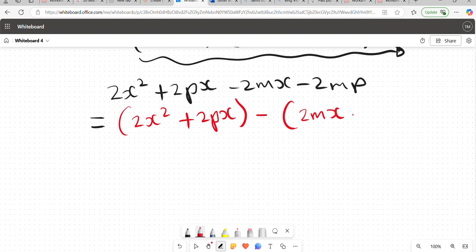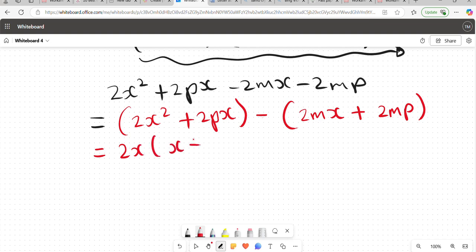The next one needs to also be positive in the bracket. Why? Because a negative times a positive would give me back the negative at the top. Remember your integers. So that's what I'm applying there. So I can take out my common factor in the first bracket, which is a 2x.